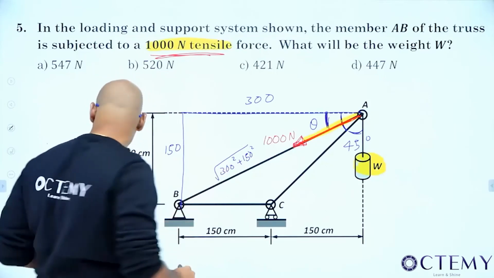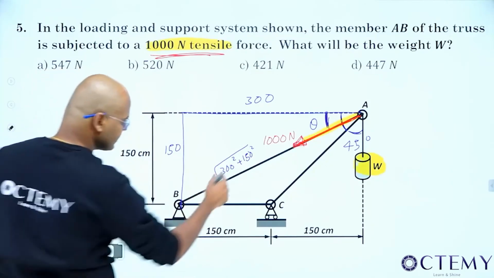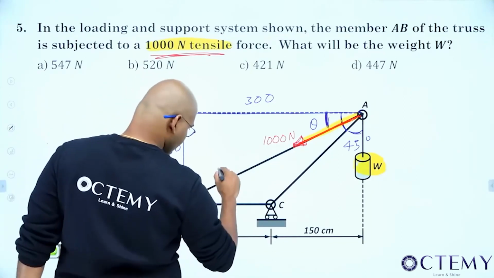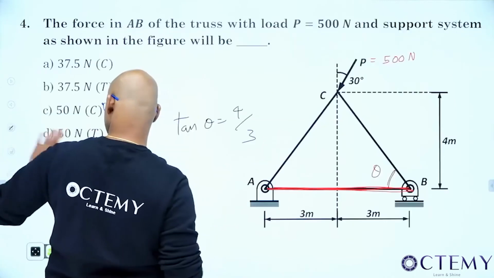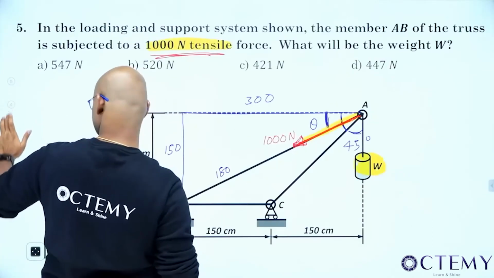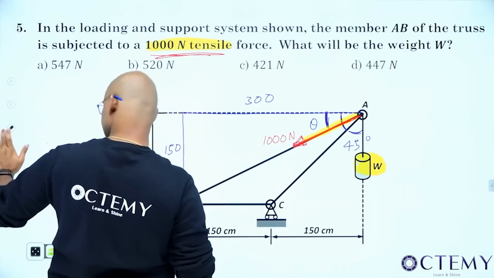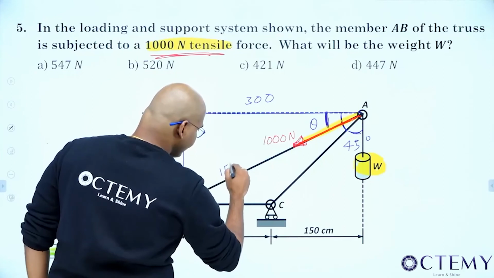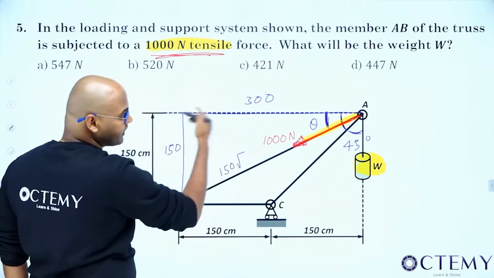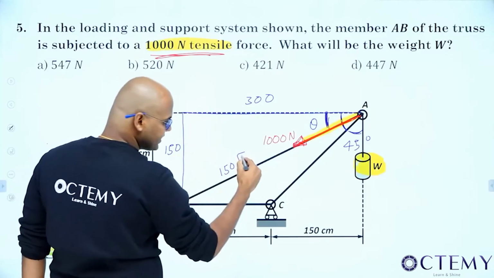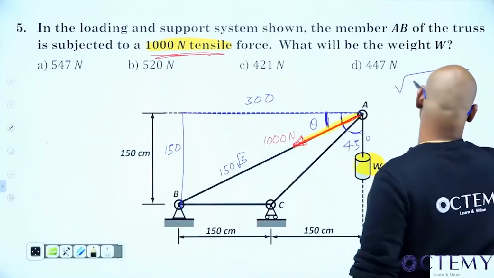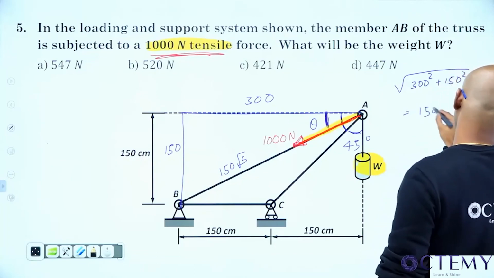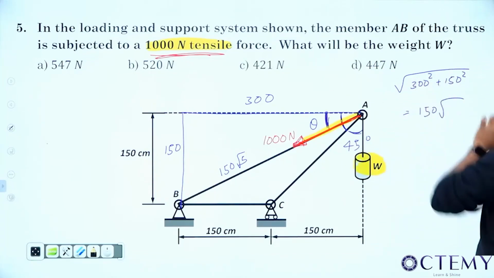If I take 150 common out, I get 150 into under root of 2 square, which is 4, plus 1, that is 5.